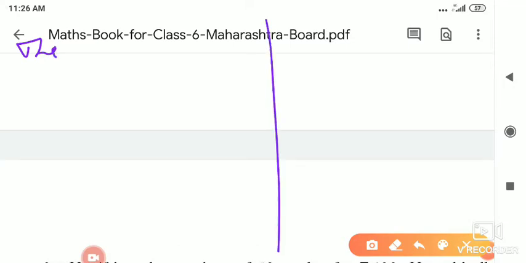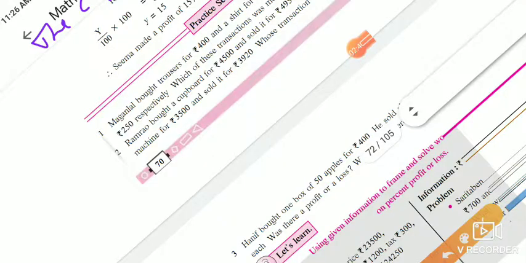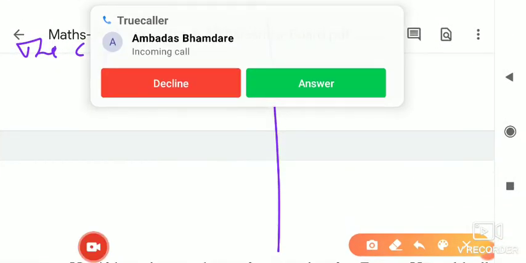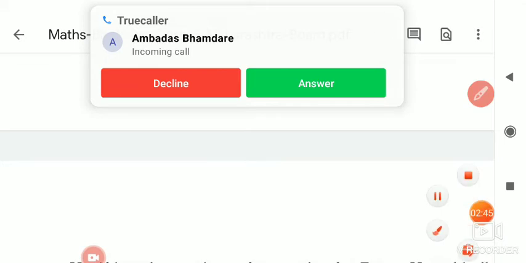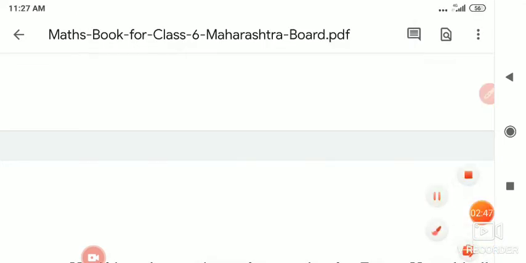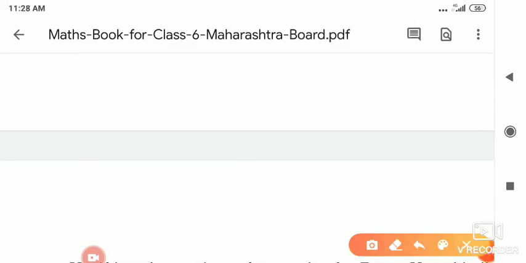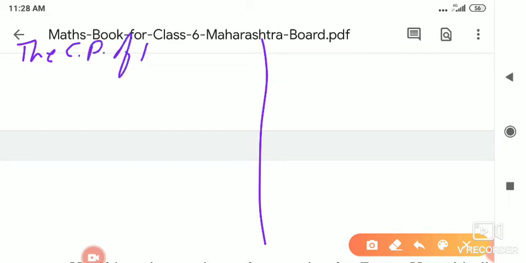The cost price of the trouser is 400 rupees.